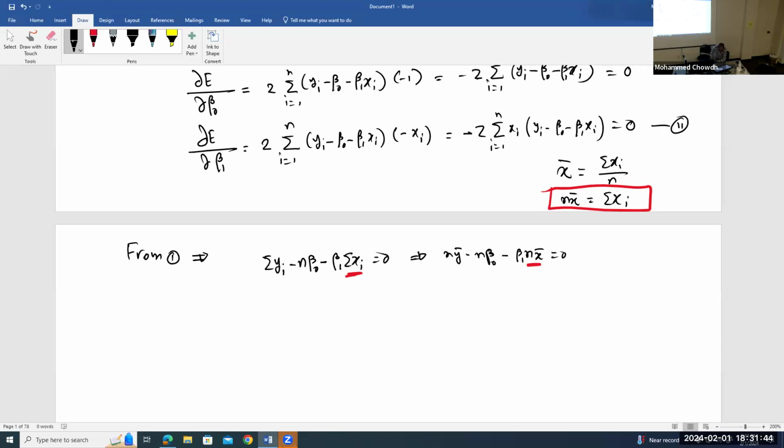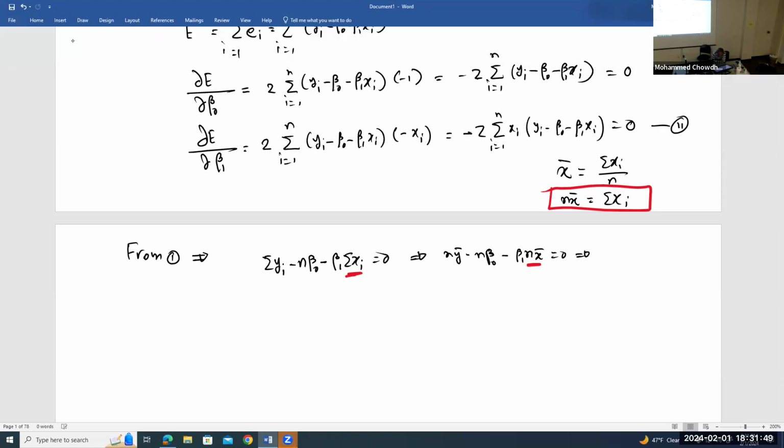Clear, right? So I have one equation that could be written as y bar minus beta 1 x bar equal to beta 0. From there I can write like this.